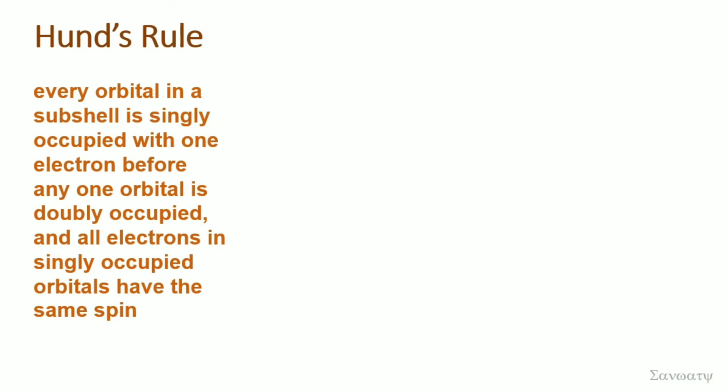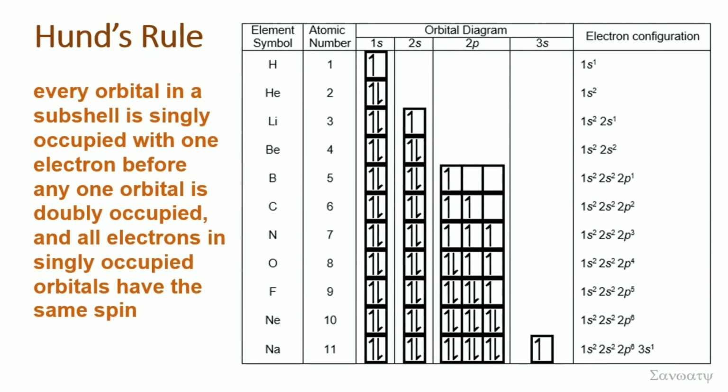Take carbon, for example. Carbon has 6 electrons: the first 2 fill orbital 1s, the next 2 fill orbital 2s, and the remaining 2 fill orbital 2p. But they fill 2p as single electrons in separate orbitals. We cannot put them in a pair if there is still an empty orbital.